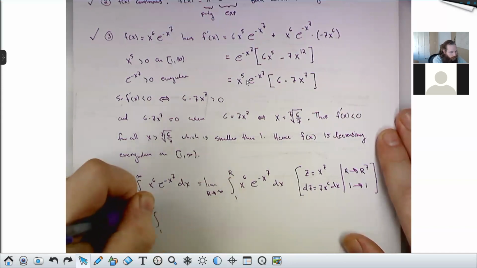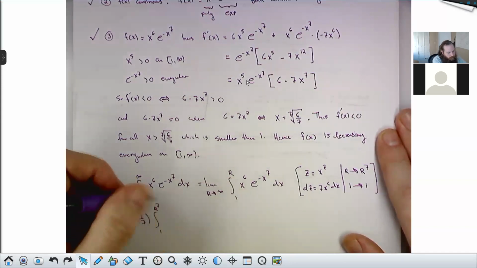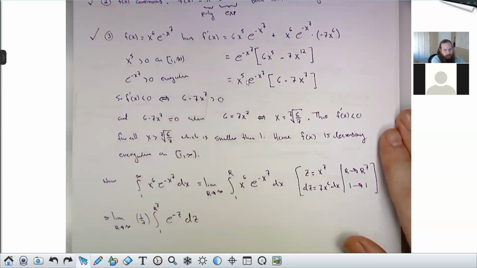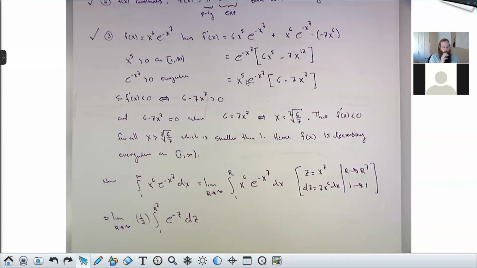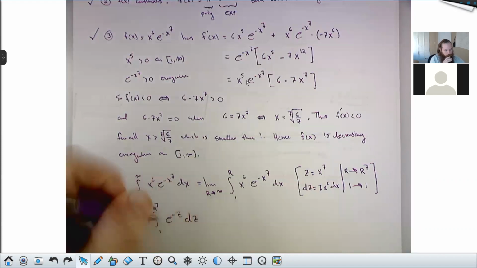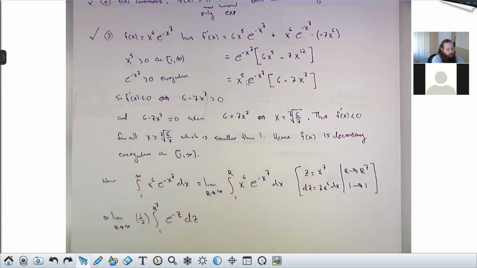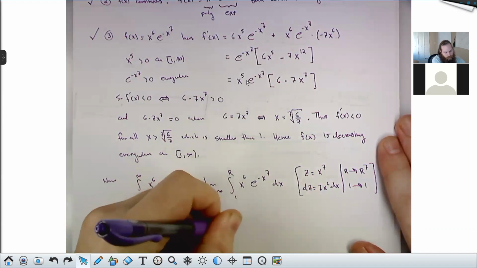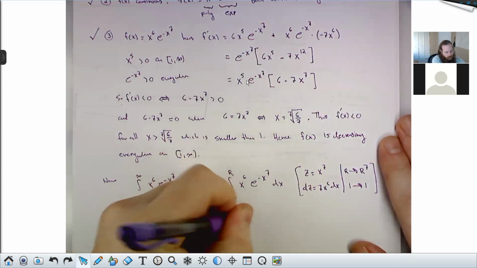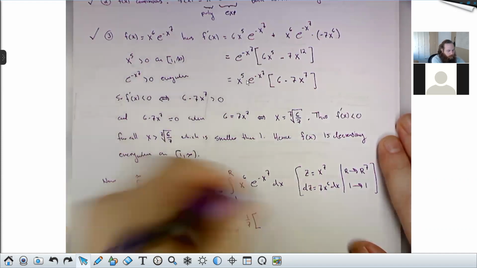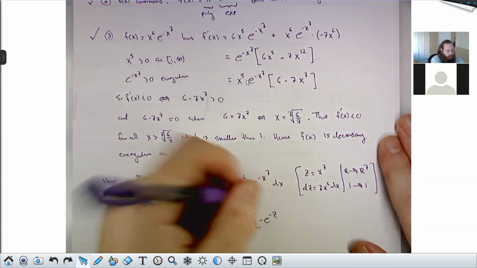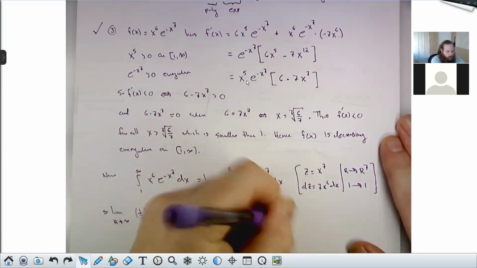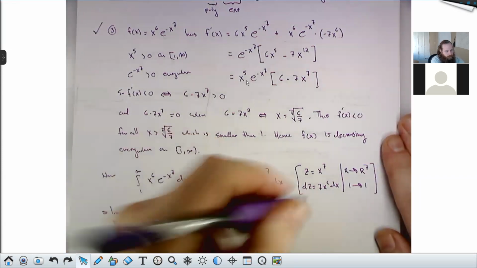My integral now goes from 1 to r to the 7, and I'll have e to the negative z dz, whose antiderivative is negative e to the negative z. This is my 1/7 out front. And we evaluate this from 1 to r to the 7.